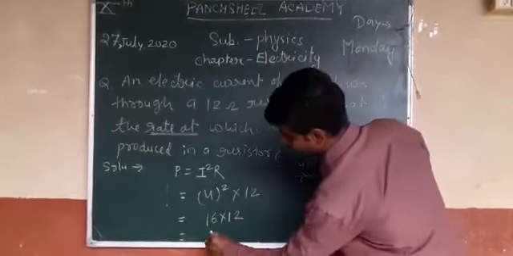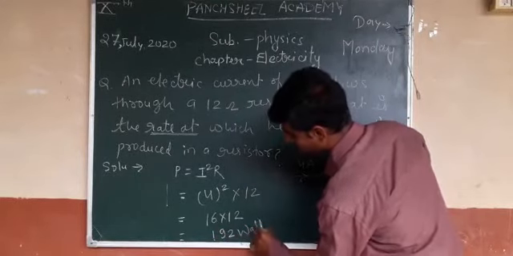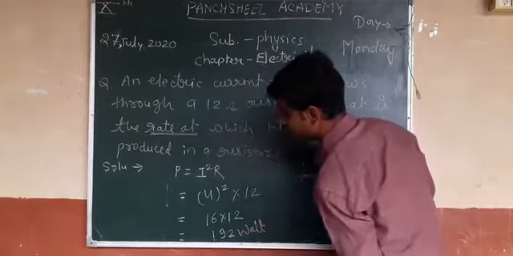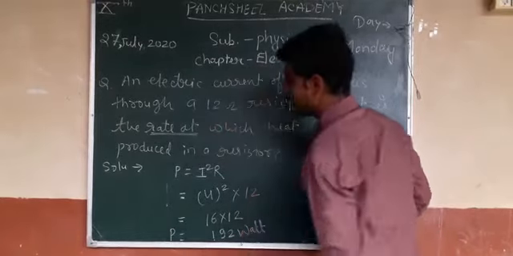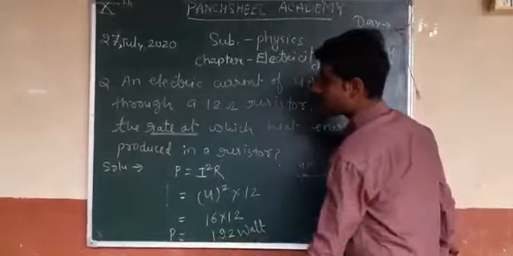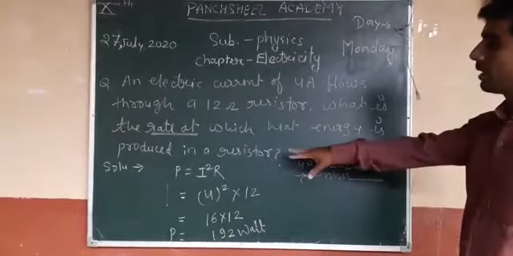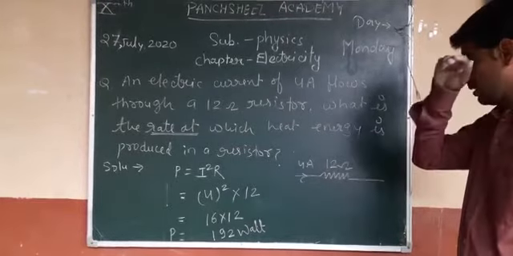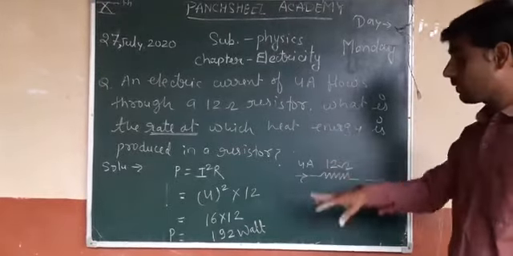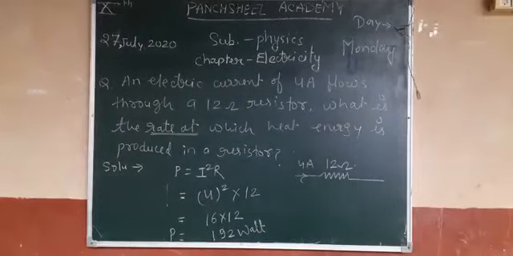So you can get 192 watt. This is the value of electric power, the rate at which heat energy is produced in the resistor. Write this numerical and its solution.